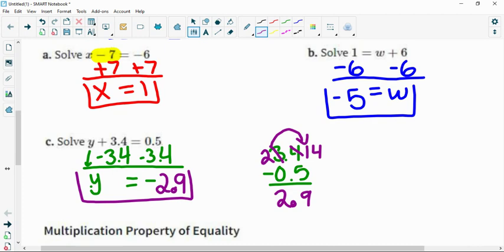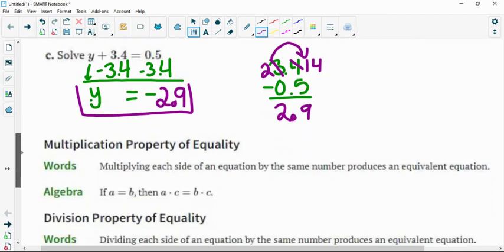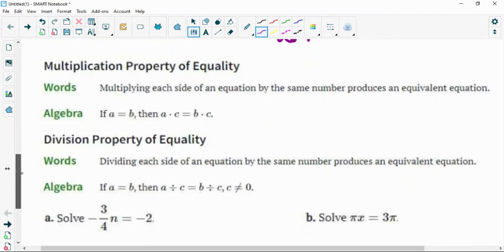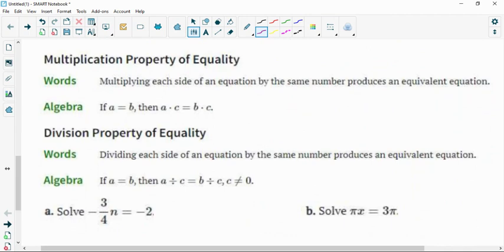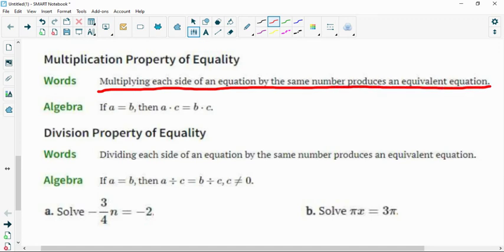We're going to pick up with the multiplication property of equality. In words, multiplying each side of an equation by the same number produces an equivalent equation.